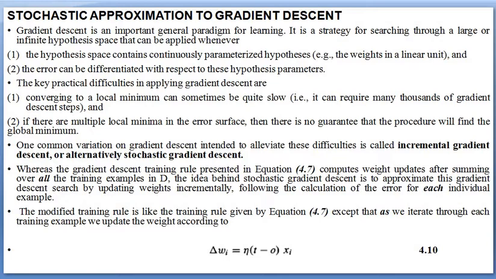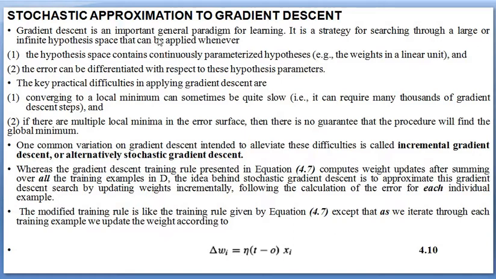We have some formulas to calculate the change in weights. But there exist some problems. To address those problems, we have a certain modification of gradient descent which is called the stochastic approximation. Let us see what stochastic approximation is and what problems we face in the gradient descent algorithm.